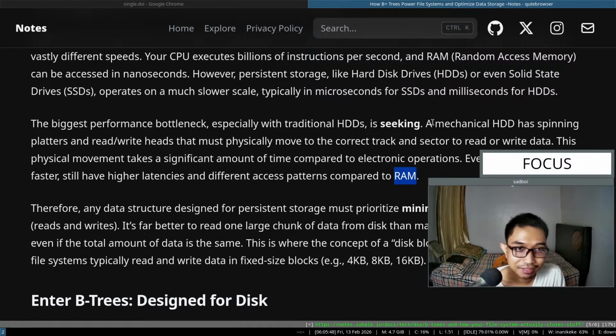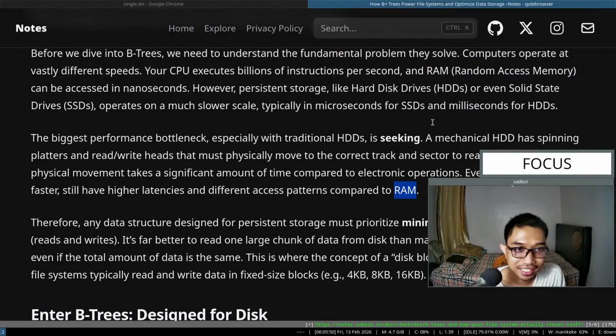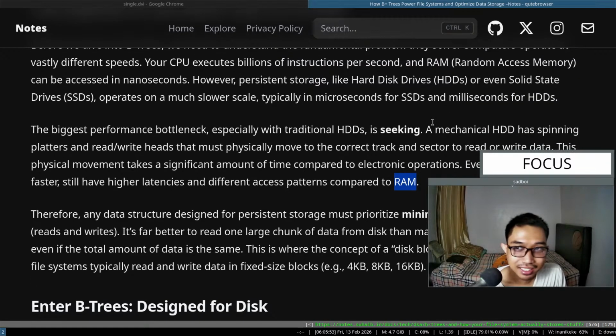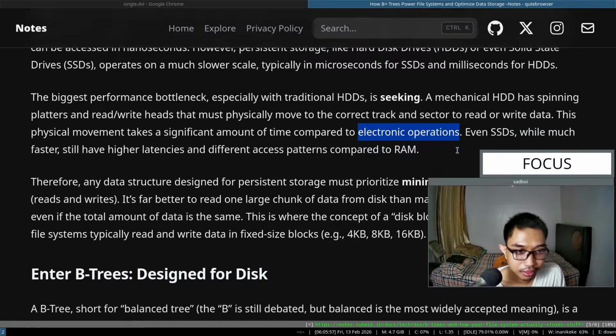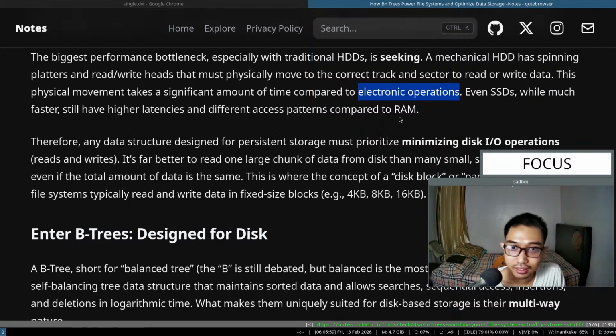It's just my curiosity, I guess. Both of them use electronic operation, right? So that's what I'm curious about.